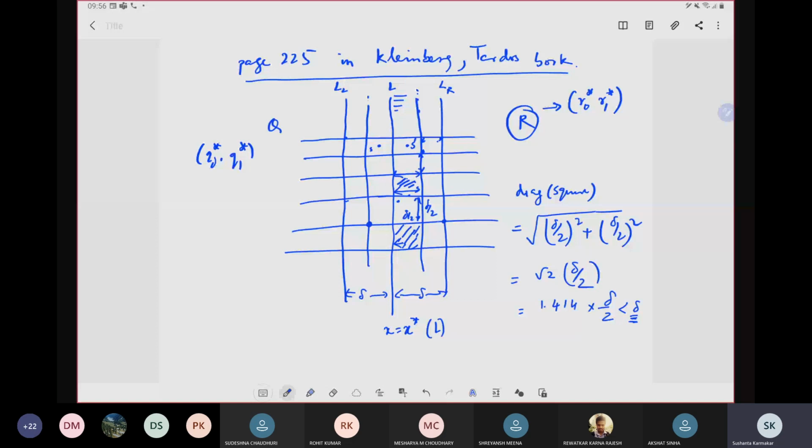So that means if I fix one point at a distance of delta by 2 here, on this side I cannot make it x separated by more than delta by 2, because then their x separation will be more than delta, effectively leading to their Euclidean separation being more than delta, and they will just be discarded.